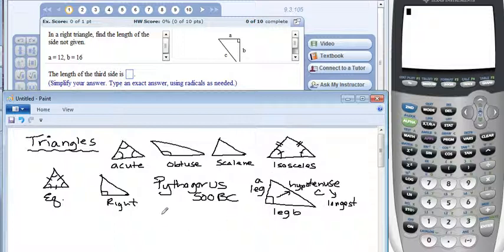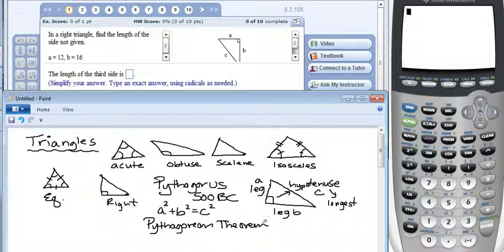All right, Pythagoras, or someone thereabout, said that if you squared the length of the first leg and added it to the square of the length of the second leg, it's always equal to the length of the third side squared. And so this became the Pythagorean theorem.